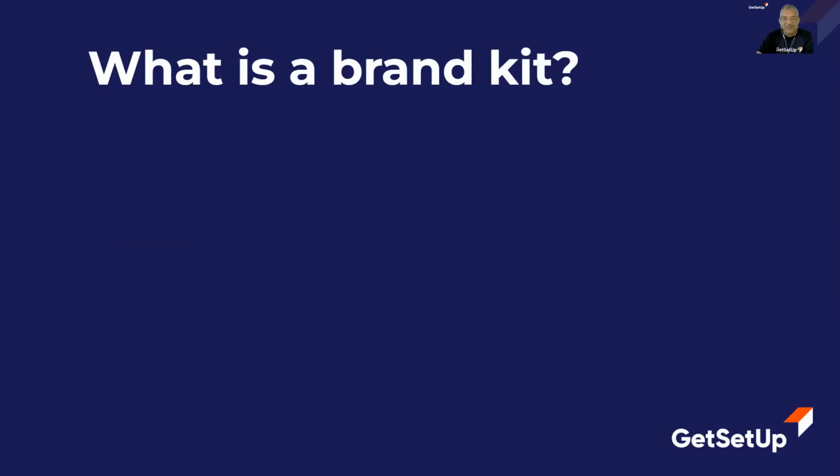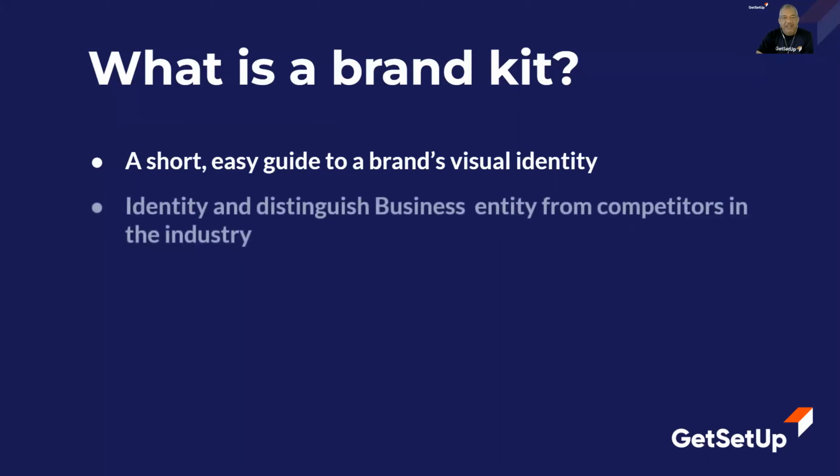So moving ahead, the first thing we need to know is what a brand kit is. Now, a brand kit is a short, easy guide to a brand's vision. Here, of course, I will be taking some examples also. Let's take the automobile sector.